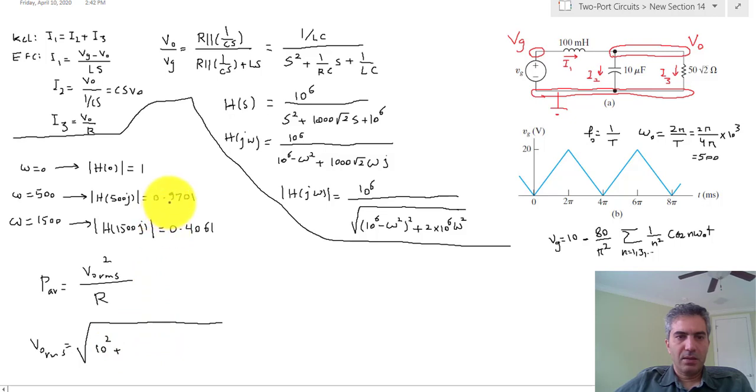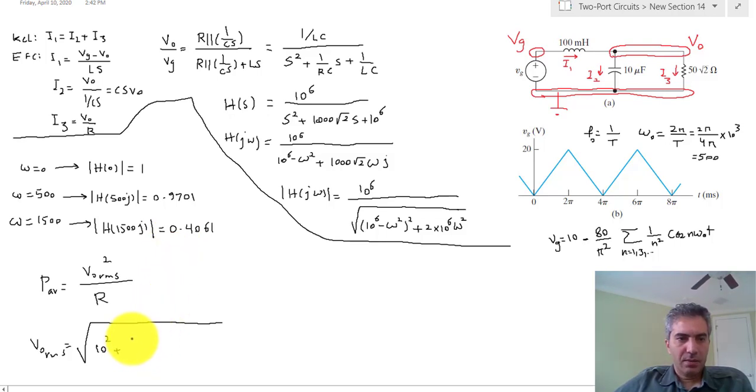Then plus the second component, which would be 80 divided by pi over 2 multiplied by 0.9701, and that's the amplitude of the output. The RMS of that would be the amplitude divided by square root of 2.